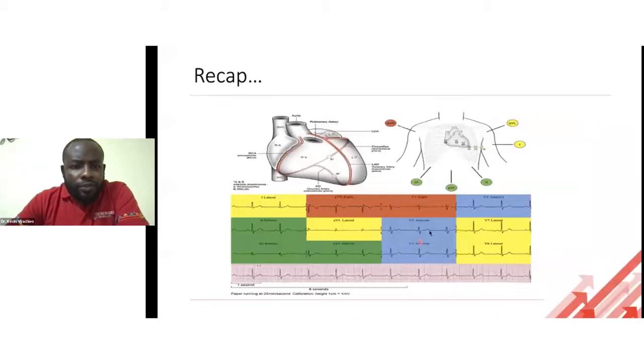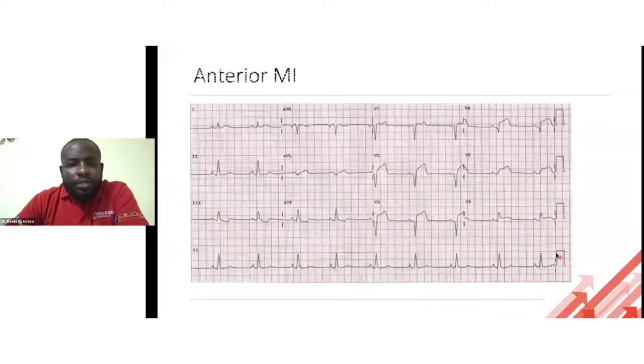So V2, V3, V4, there's ST elevation with concomitant reciprocal changes, so we are thinking about the LAD. Significantly, this is usually a very poor prognosis lesion, simply because a large part of the left ventricle is involved. Sometimes the conduction system is involved. So these are patients who you'd want to escalate.